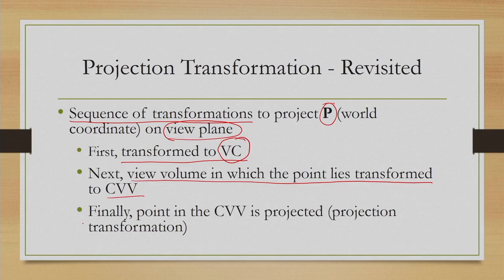Then the final stage is to perform the projection transformation, that is, project the point in the canonical view volume on the view plane. So, these three steps, transformation to view coordinate, then transformation to canonical view volume, and then projection transformation, constitute the sequence through which we project a point in the world coordinate scene to a point on the view plane.